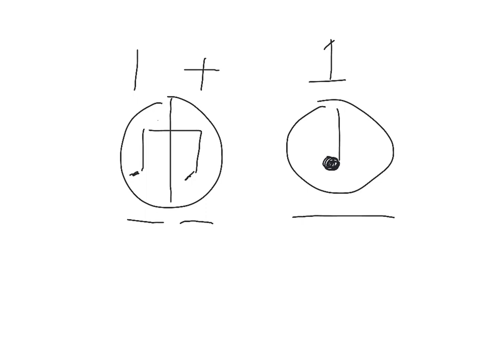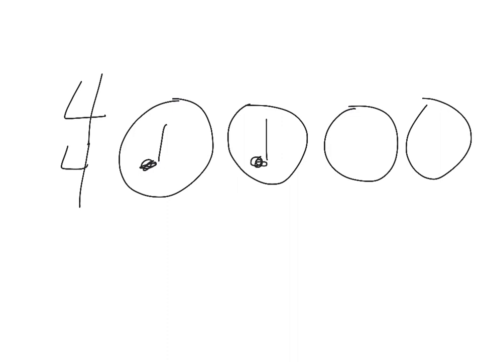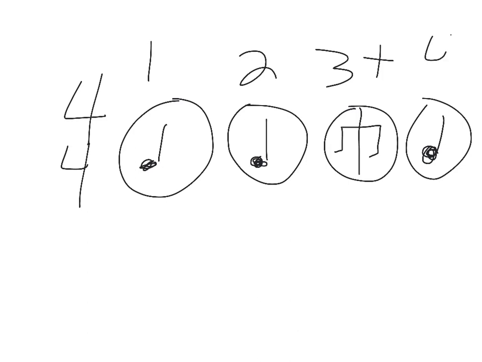Okay? So, if we drew 4 circles in 4/4 time signature and put a quarter note in all of them but one, and I'm going to choose the third circle, this would be counted 1, 2, 3, and 4.